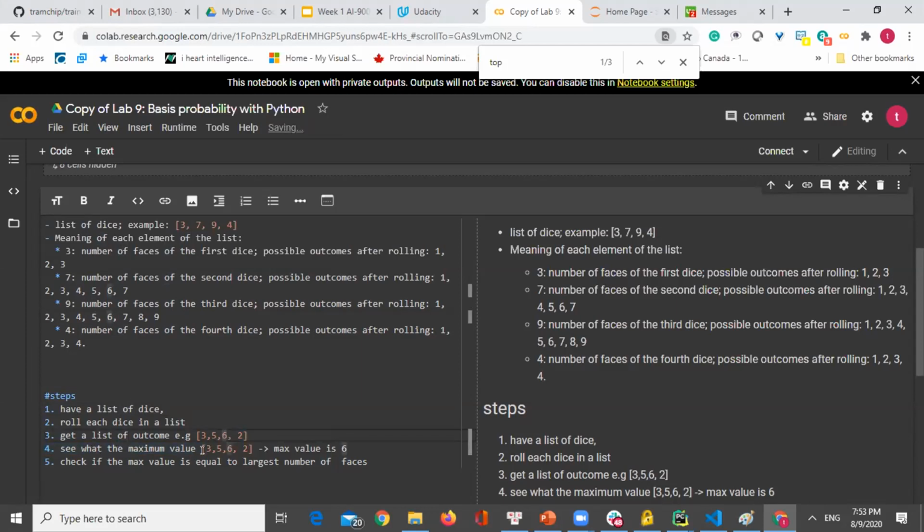Okay, so the max value is 6, equal to the largest number of face. Largest number of face is this one, right? No. The largest number of face is the maximum value of the list of dice.